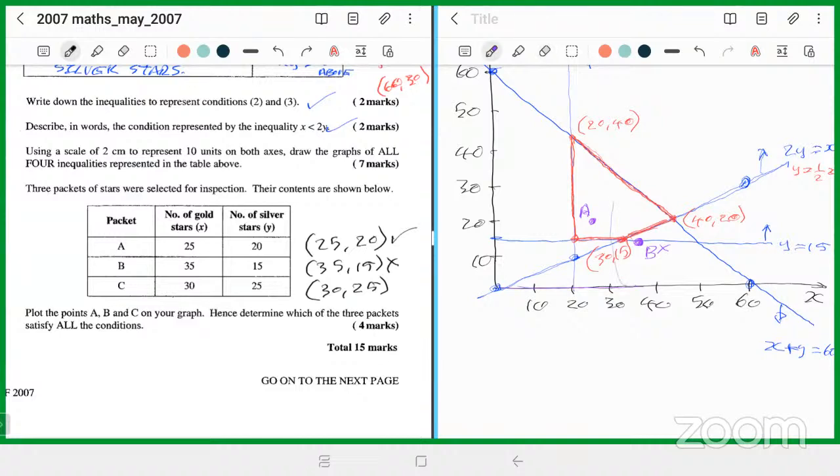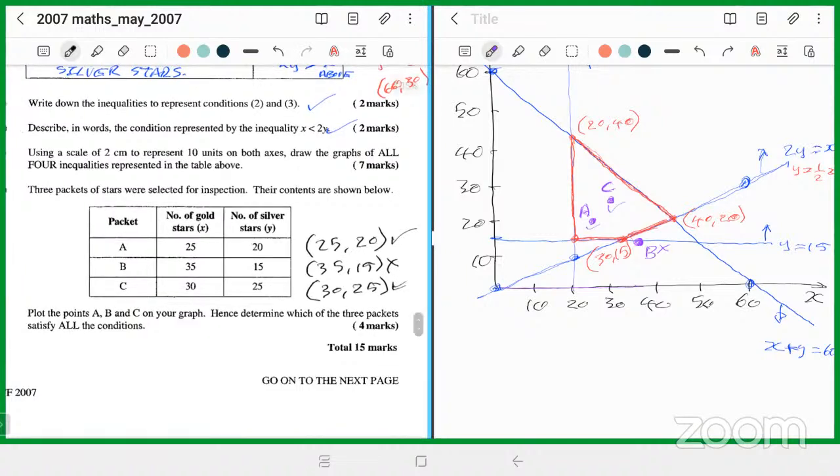That will be the point C. So A good, B not good, C good. So the answer is that C is also good.